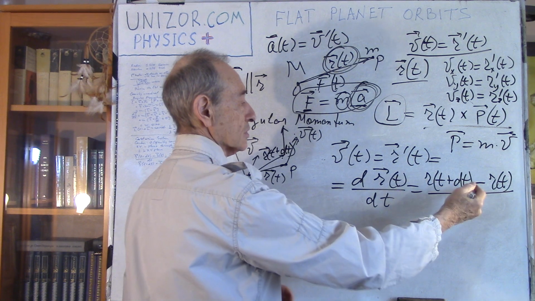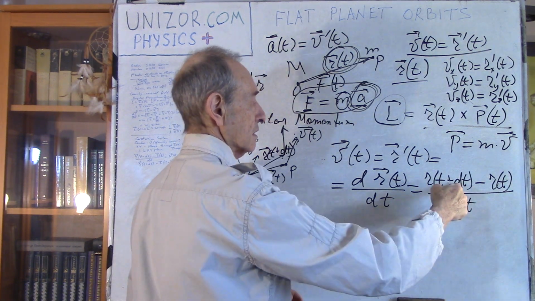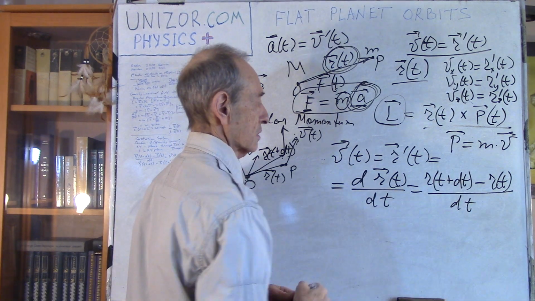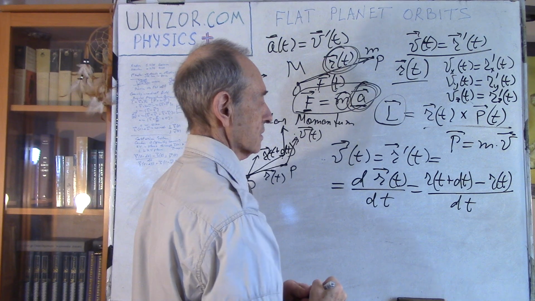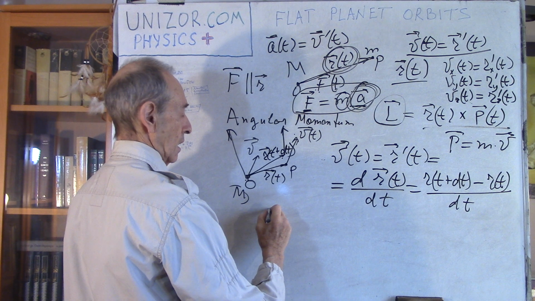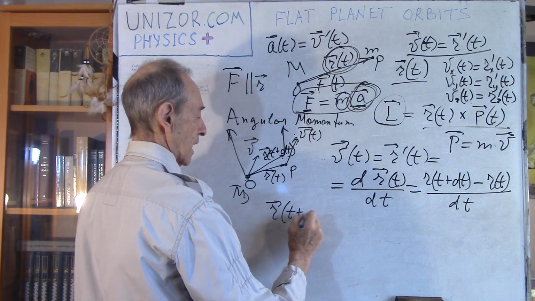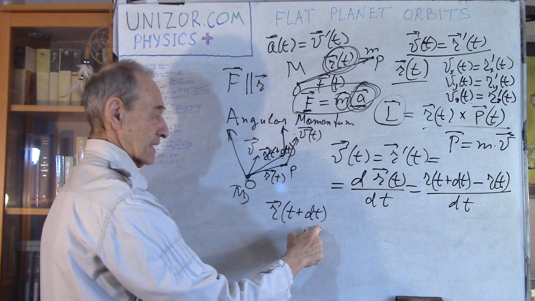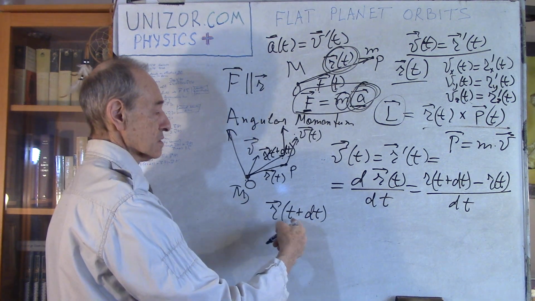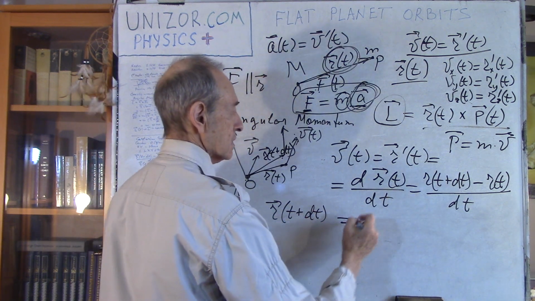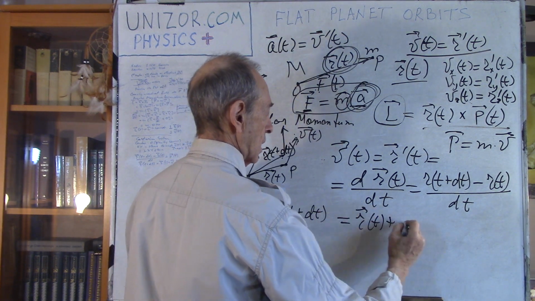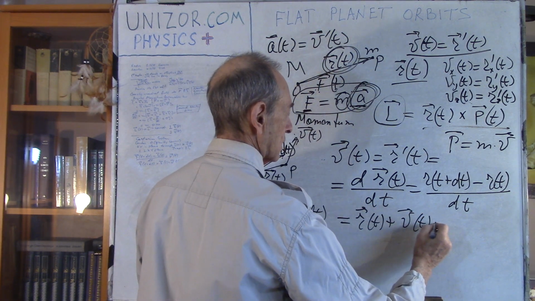But in any case, I can put it this way, assuming this is a limit. If it's not a limit, I would put delta, and the limit is usually defined as dt instead of delta t. Okay, from which follows that r at the next moment in time, a position in the next infinitesimally close moment of time, is equal to r of t plus v of t times dt.